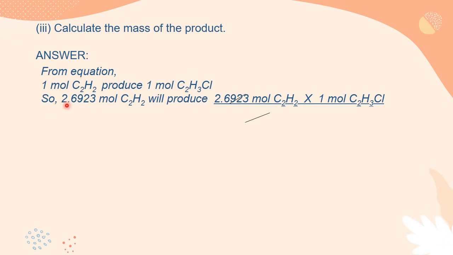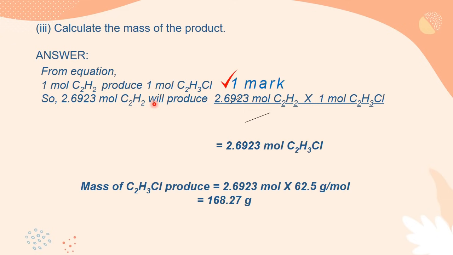So if you have 2.6923 mole of ethane gas, mean we will have 2.6923 mole of vinyl chloride. So from mole of vinyl chloride, we will multiply by molar mass and we will get mass of vinyl chloride produced, 168.27 gram.